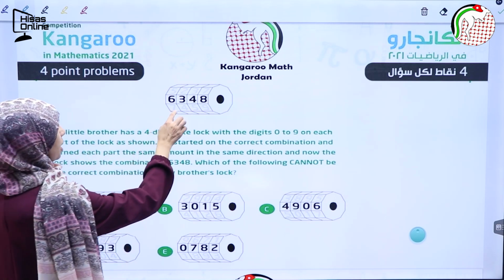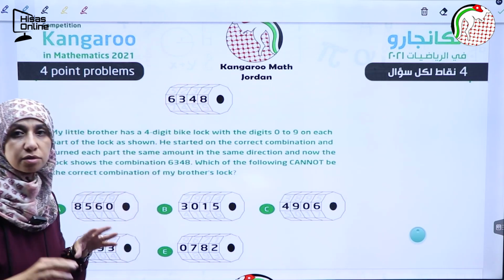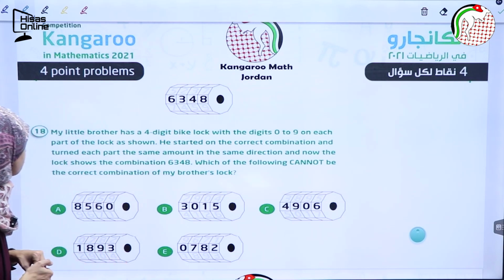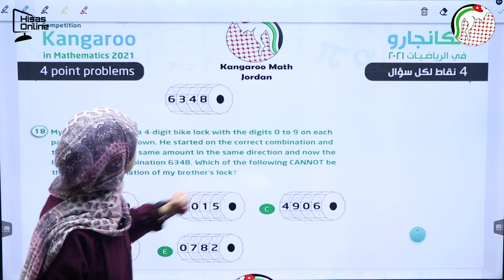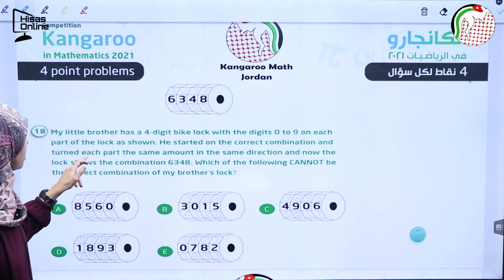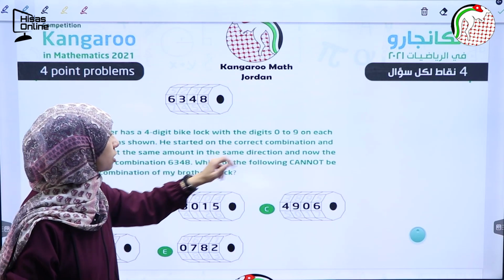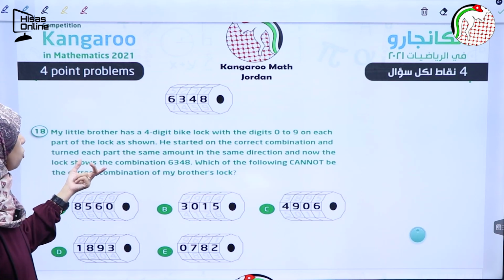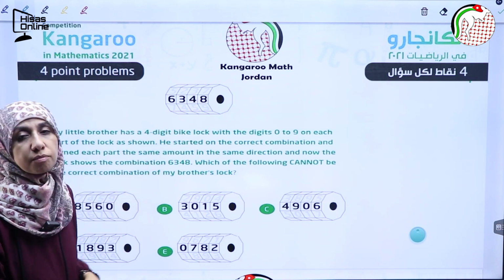So it has 4 parts, and each one has digits from 0 to 9. He started on the correct combination and turned each part the same amount in the same direction, and now the lock shows the combination 6, 3, 4, 8.